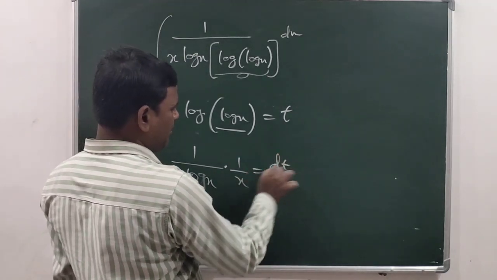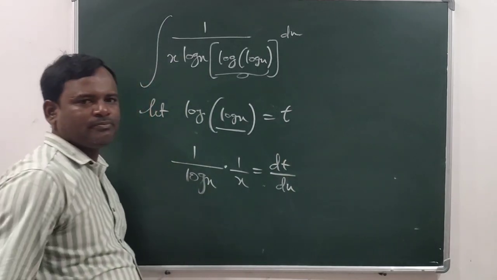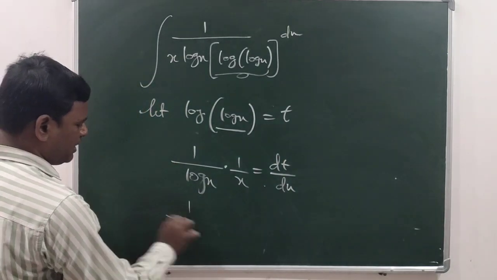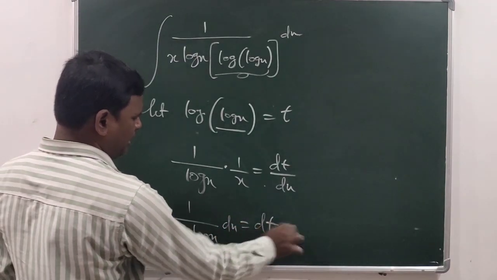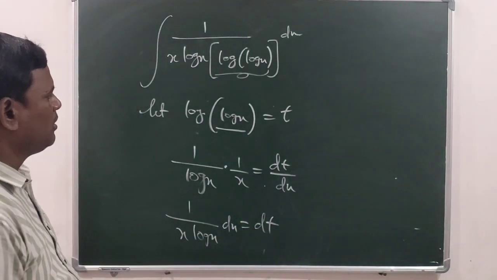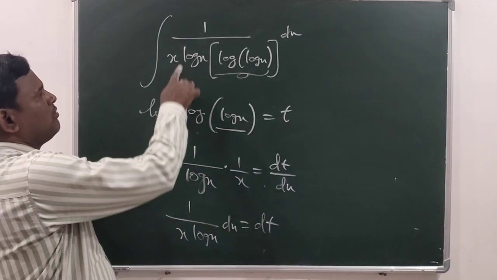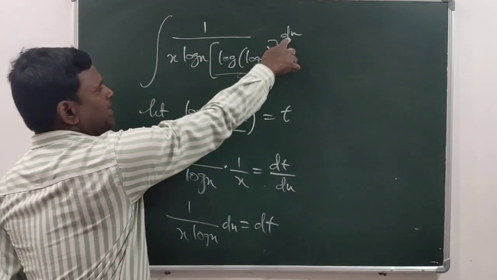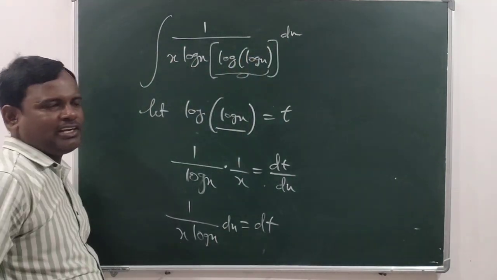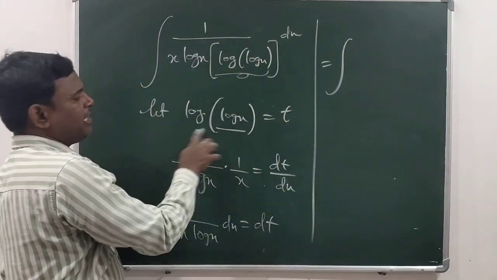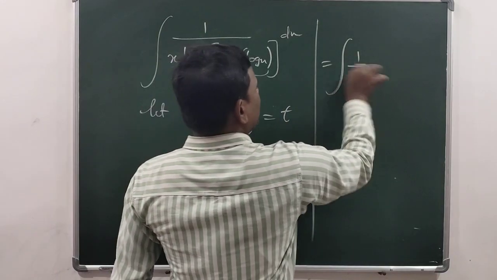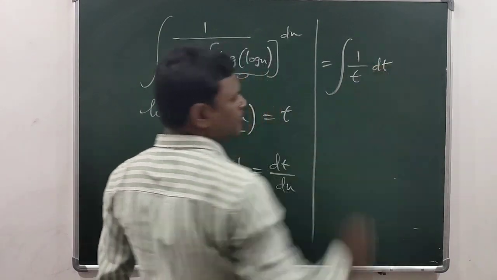Now which is equal to dt by dx. Now bring this dx to the left side. 1 by x log x into dx, which is equal to dt you will get. Okay students. Now here 1 by x log x dx, in place of that we have to write dt. And this one we have taken as t, no? Hence 1 by t dt will come.